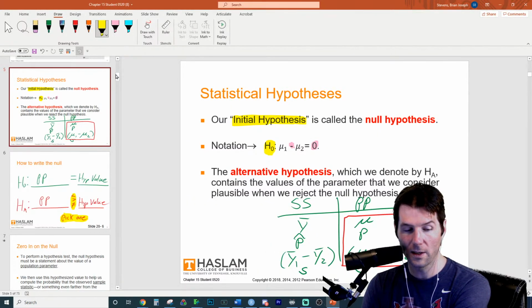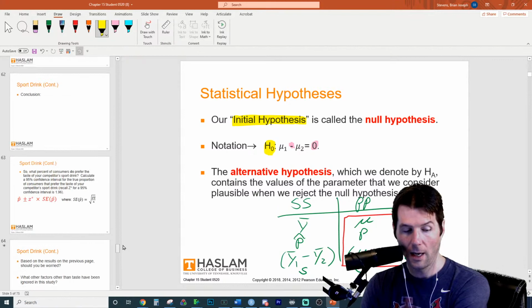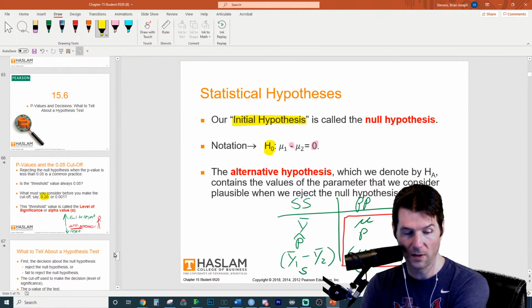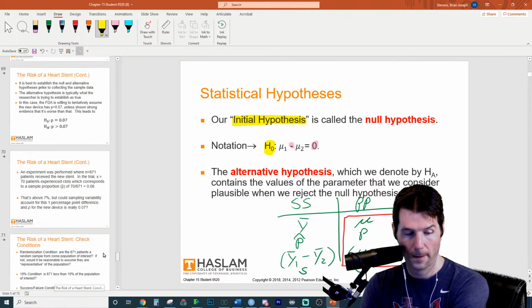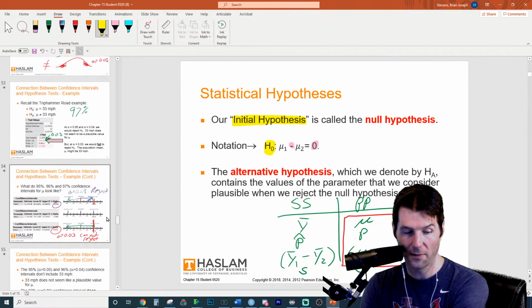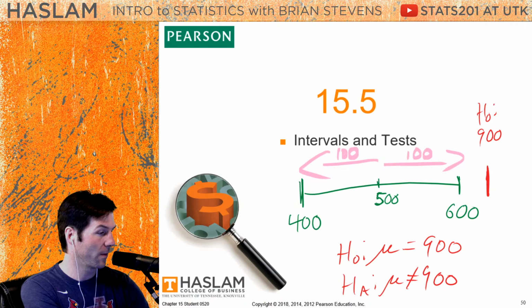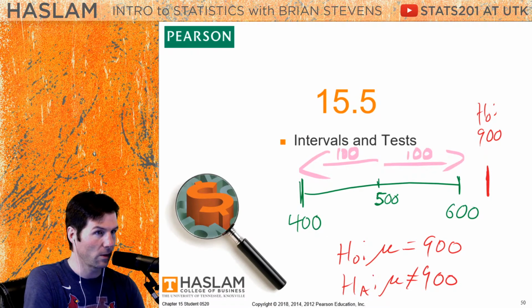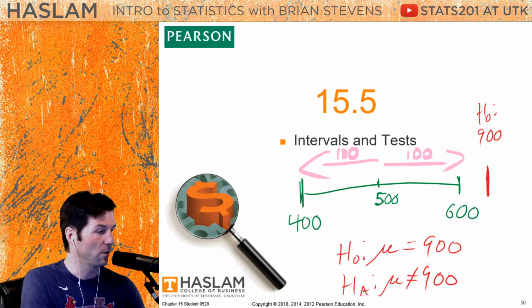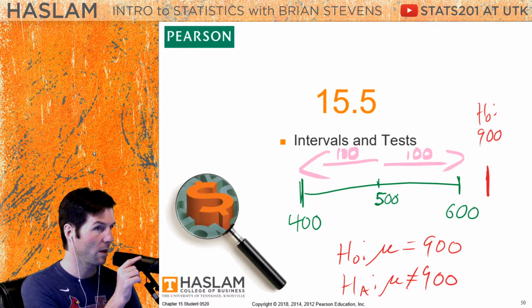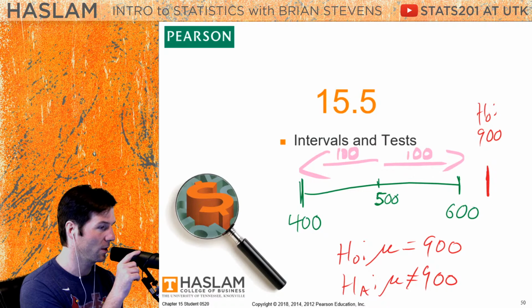So what are we talking about right here? How would a confidence interval and a test result come to the same conclusion? Let's go back to the notes from today. How can we use a confidence interval and a test to see if they come to the same conclusion?